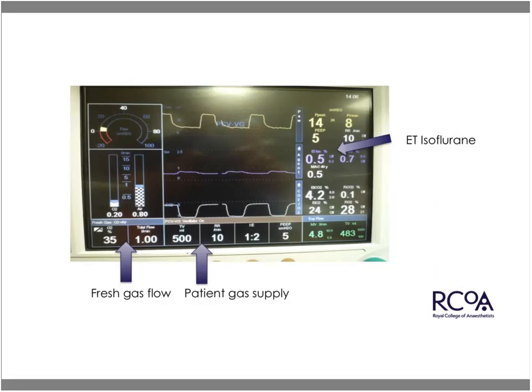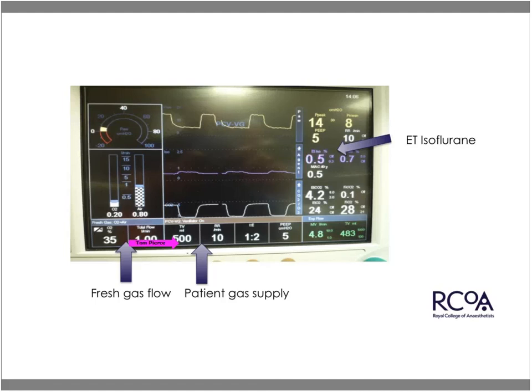Now, the monitoring that we're using has been tailored and developed in order to help us with that complexity. On my slide here, I'm showing a photograph taken from the screenshot of the patient under anesthesia. You'll see that we're measuring at this point the end tidal concentration, in this particular instance, of isoflurane.